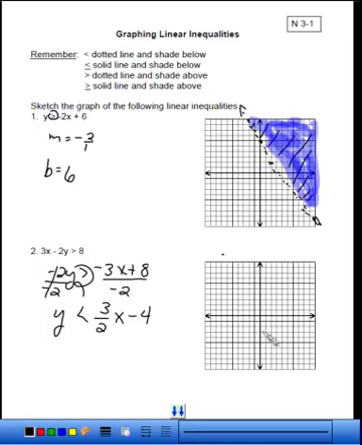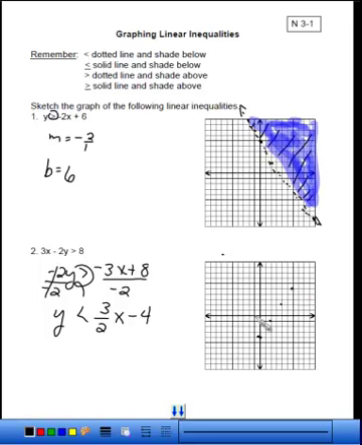So we go down here to minus 4. 1, 2, 3, 4. And we go up 3 and to the right 2. Up 3 and to the right 2, up 3 and to the right 2. I get kind of cross-eyed with these.